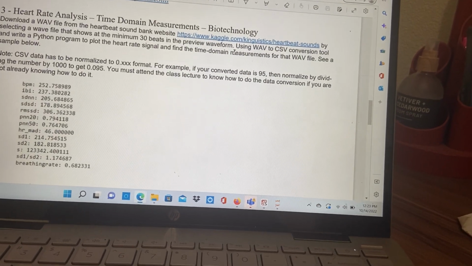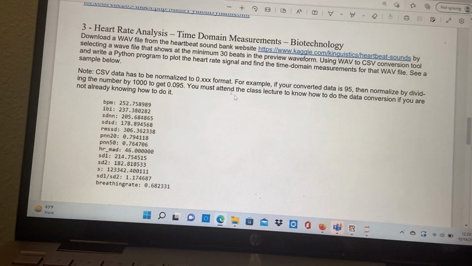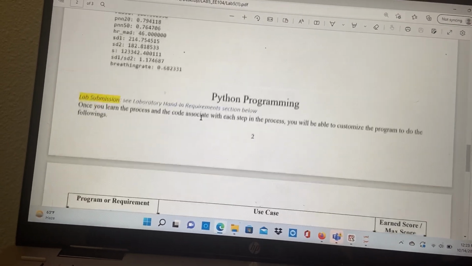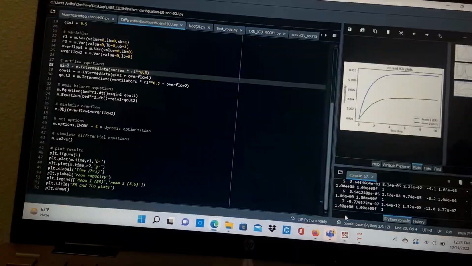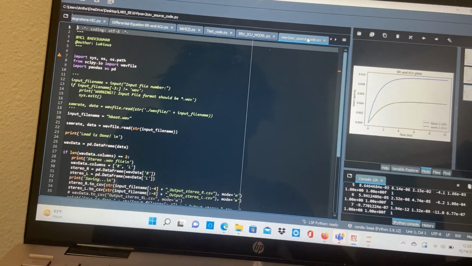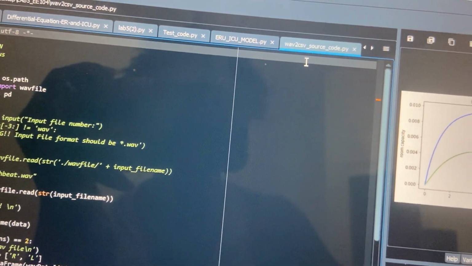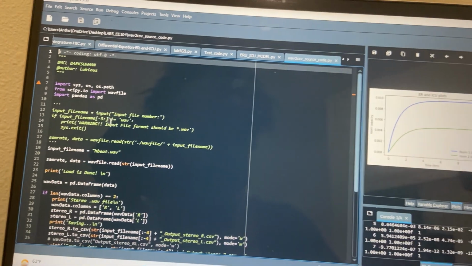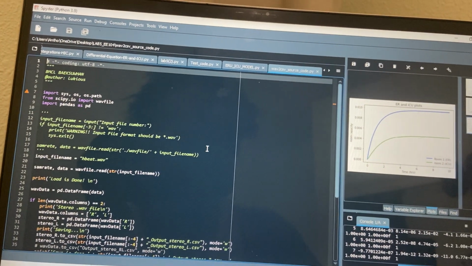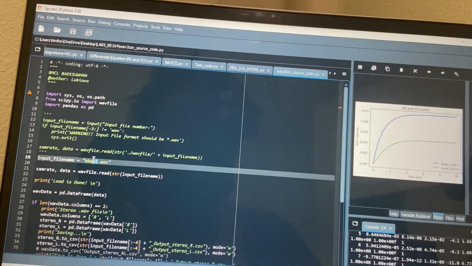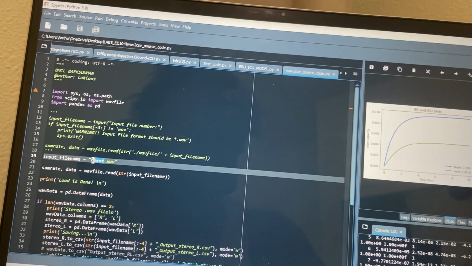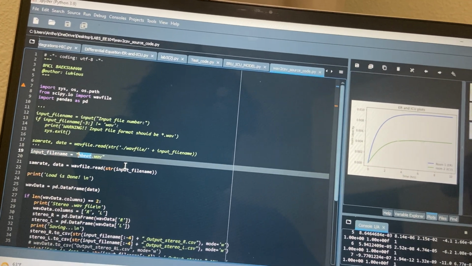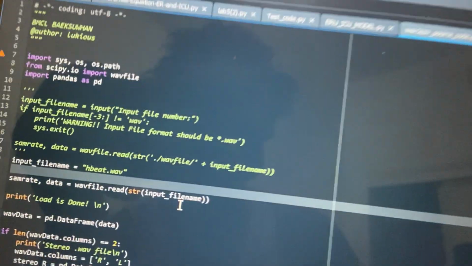You download any of the heart rates you want to model. After you download it, you go to this code, which is a WAV to CSV converter. You put that data in here. I saved it here as HBit after downloading it, and this is going to convert it into data.